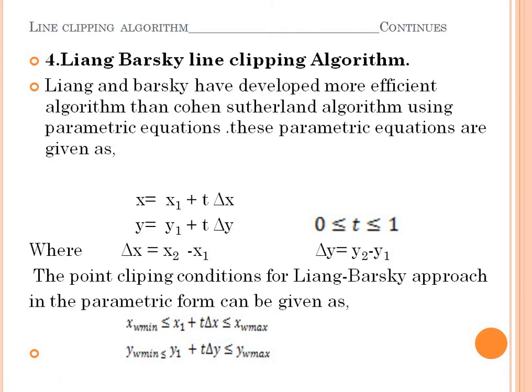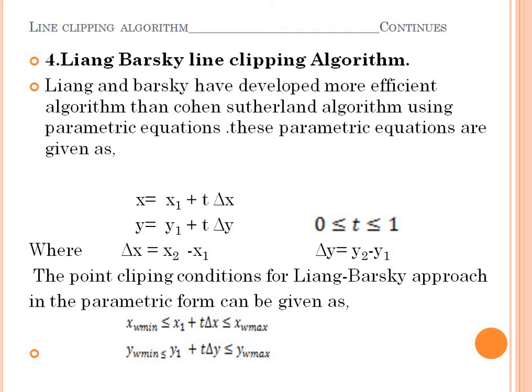We know point clipping: if the point is outside the window boundary, we clip that point. In the point clipping algorithm, we only clip the point that is outside the boundary.